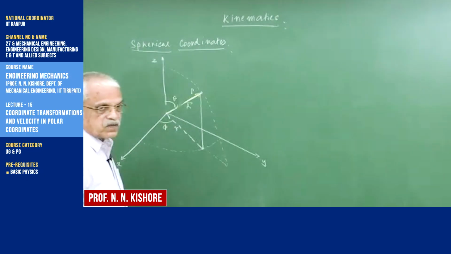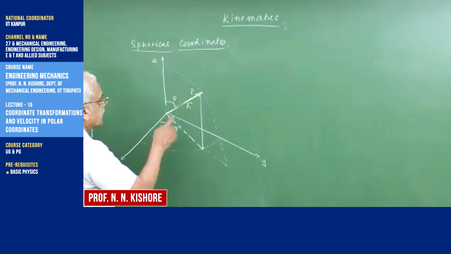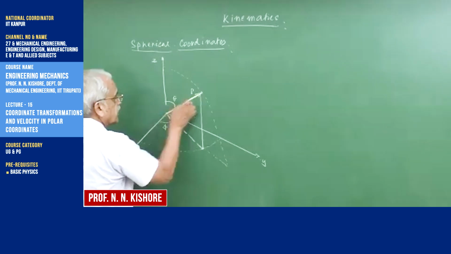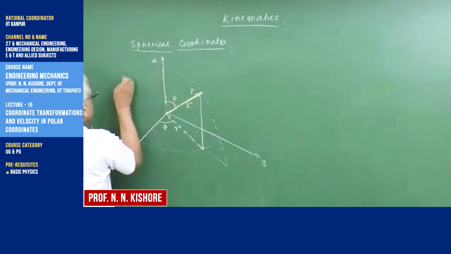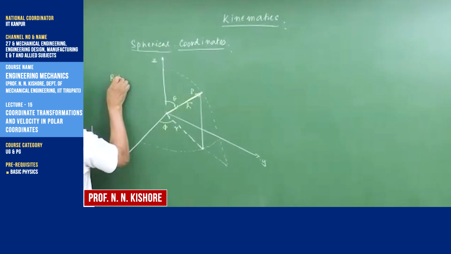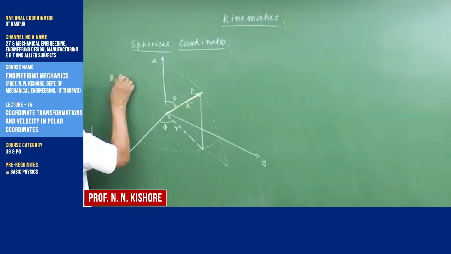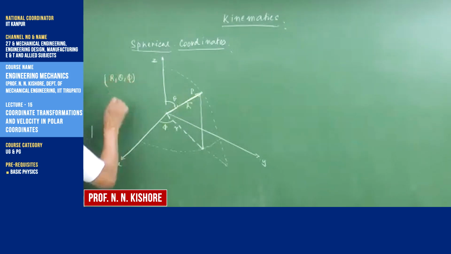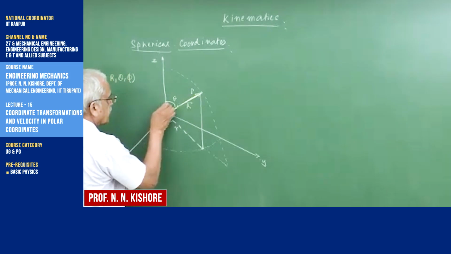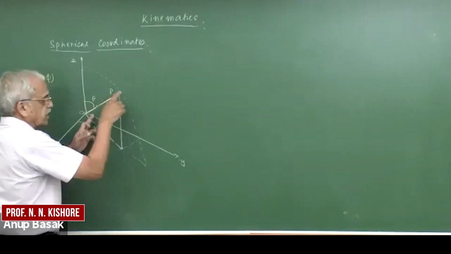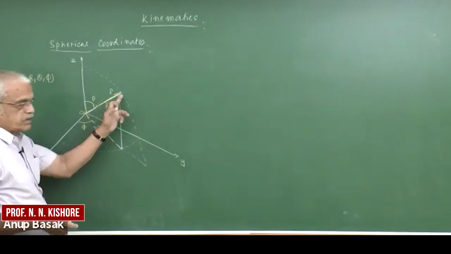Okay, so the spherical coordinates here are given by r, theta, and phi. r is the distance from the origin to the point P, this is the position vector.